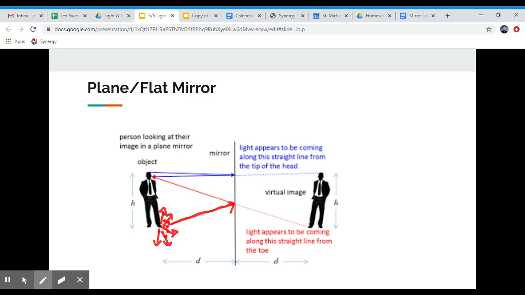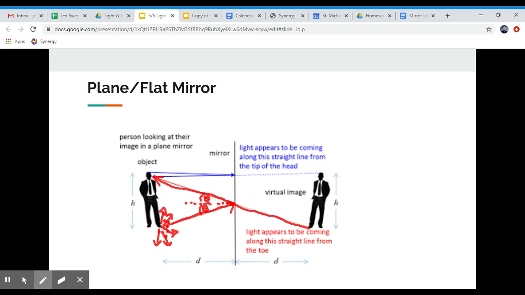And when they hit that mirror, remember we just talked about we have that normal line down the middle, and then it is going to have some sort of incident angle, and then it's going to reflect at that exact same angle. And when it reflects at that angle, some of those rays are going to come into contact with your eyes. Well, what happens is your eyes are perceiving that ray as if it were coming through the wall and into your eyes.